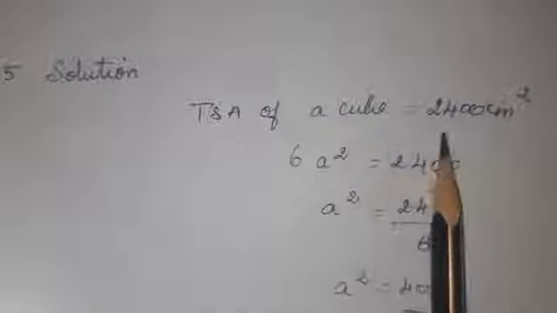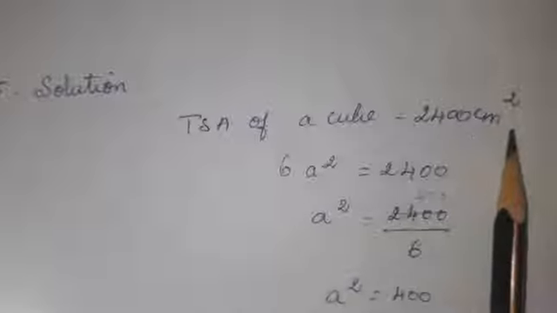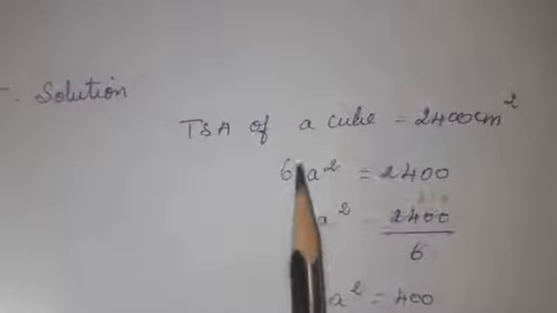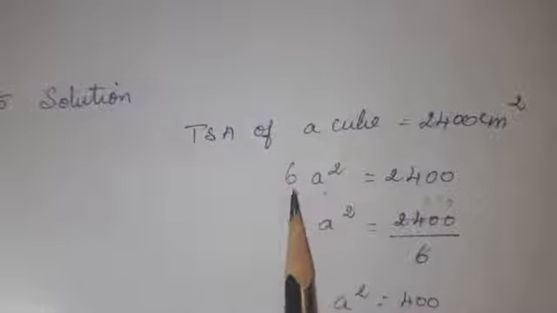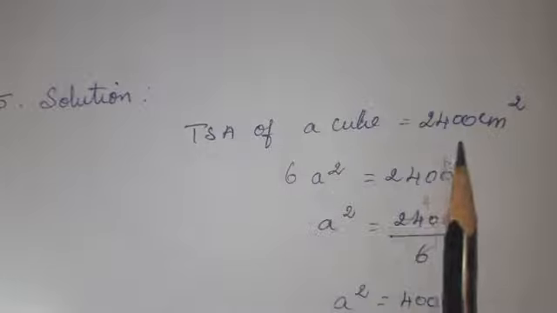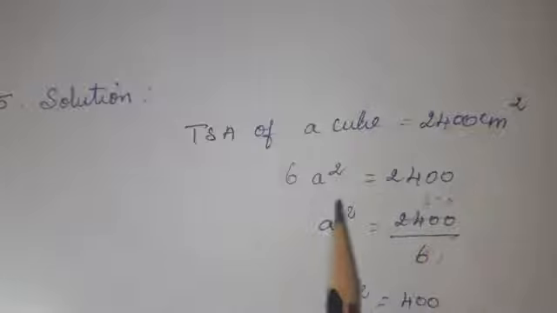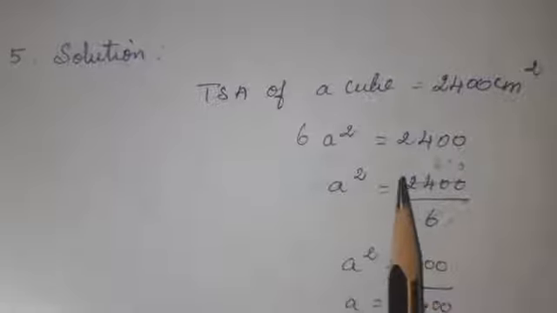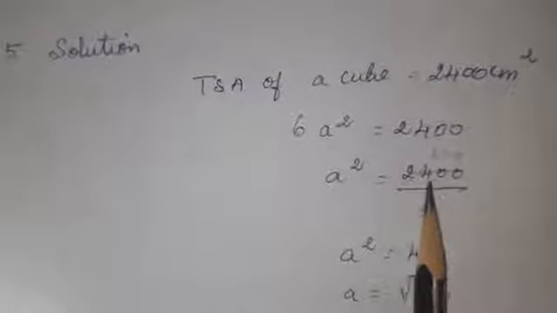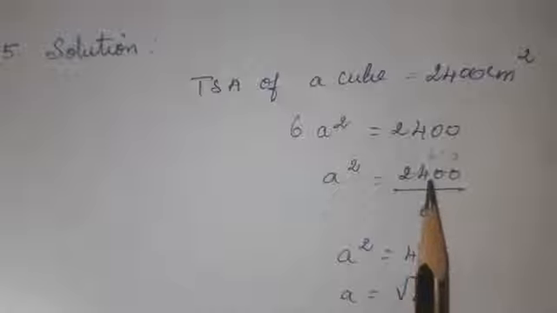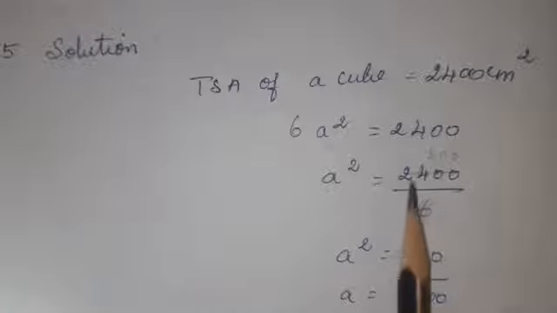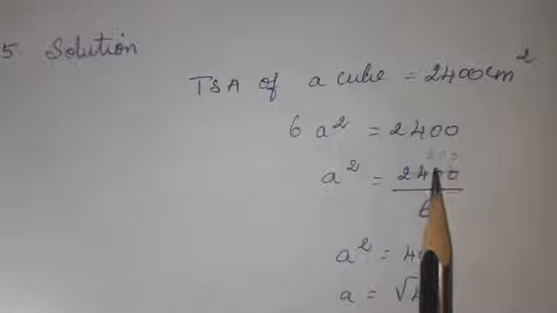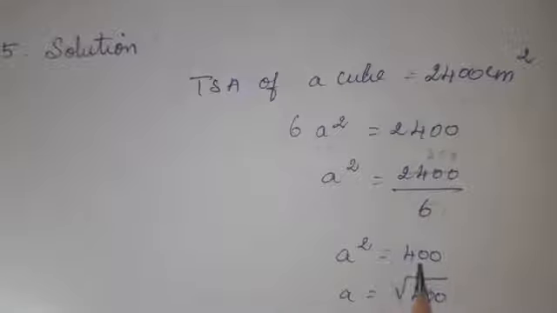The formula for TSA of a cube is 6A square, which is equal to 2400. Then A square is equal to 2400 divided by 6, as 6 comes as the denominator. Cancelling, 6 ones are 6, and 2400 divided by 6 is 400. Therefore, A square is equal to 400.